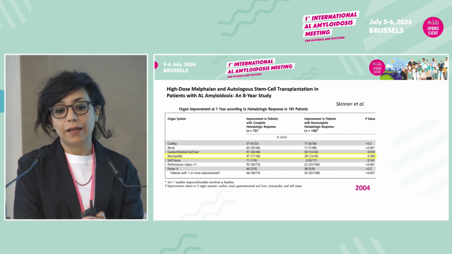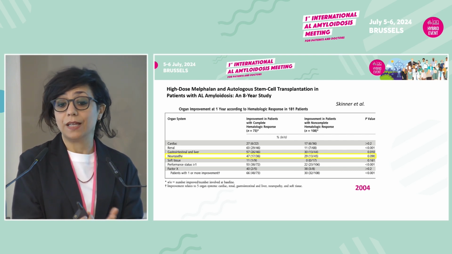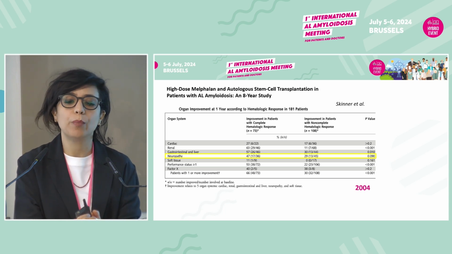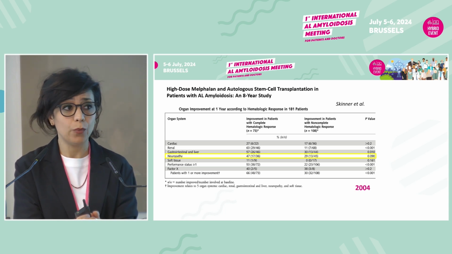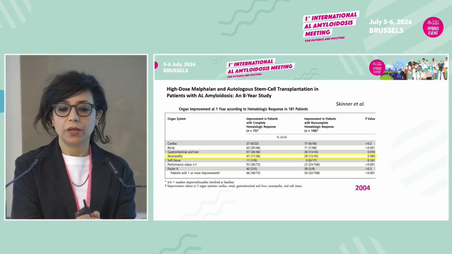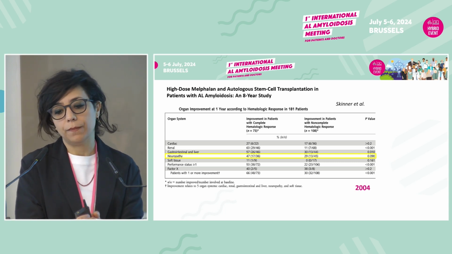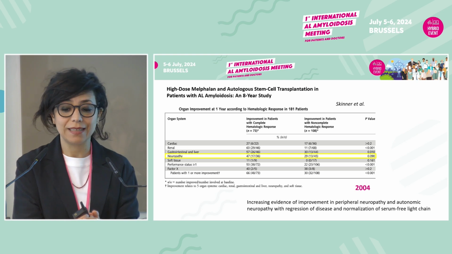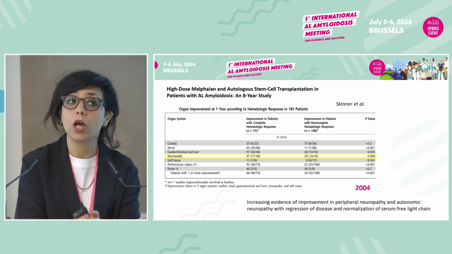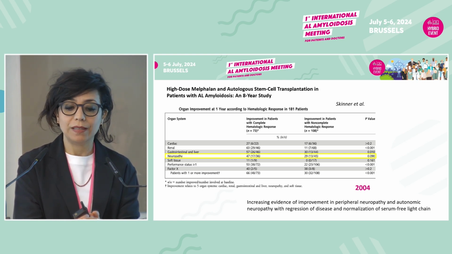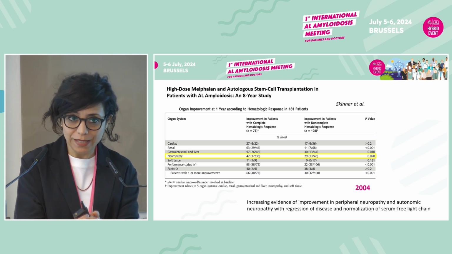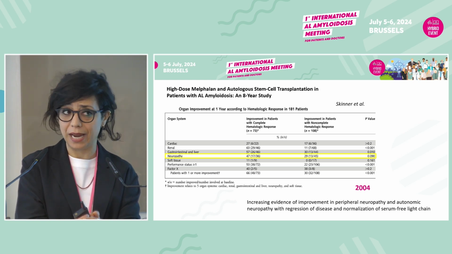And this is a study done on a pretty important group of patients, 181, followed for 8 years. So we have increasing evidence that there is an improvement in peripheral neuropathy with the regression of the disease and with the normalization of the serum free light chain.